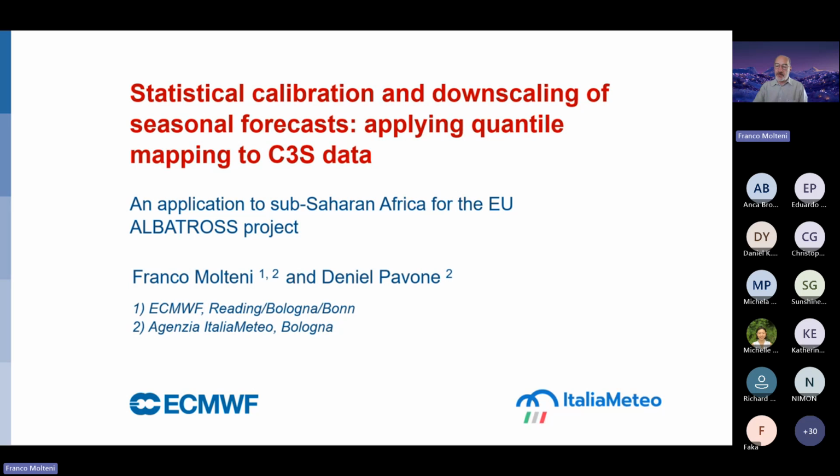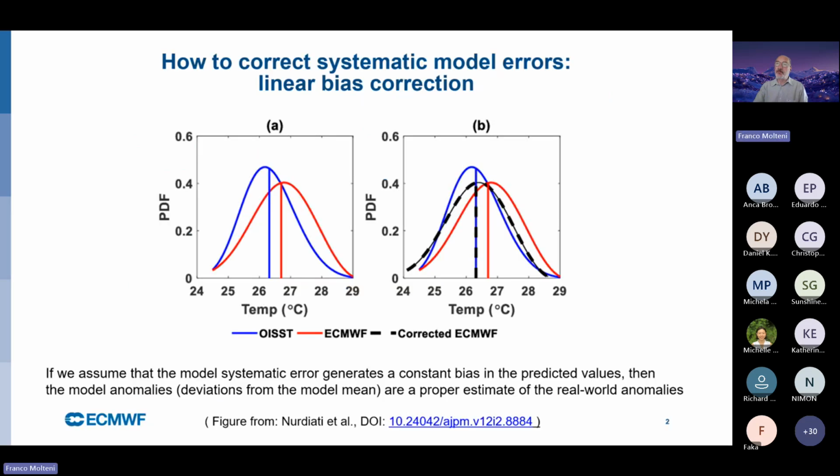Now, a bit of motivation. As the previous speakers have said, we have to refer seasonal forecast data to the climatology of the model which is producing this data, because each model has its own climatology.